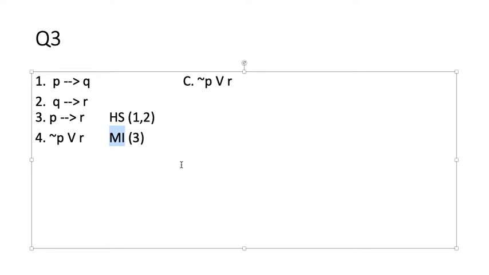So I'm going to do material implication on line 3. And that enables me to convert this conditional, if P then R, to not P or R. And that's exactly what my conclusion is. So I got my conclusion in just 2 pretty straightforward steps. Okay.